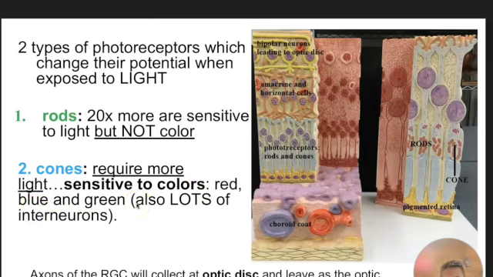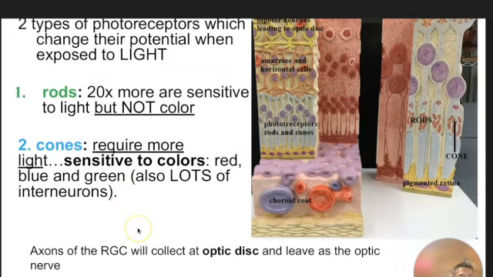That's why at night, when you go into a dark room, everything is gray, because it requires more light to activate the action potential in the cones. But when you're outside, light comes in, hits the rods, activates an action potential, and then you can see. So that's how it works.